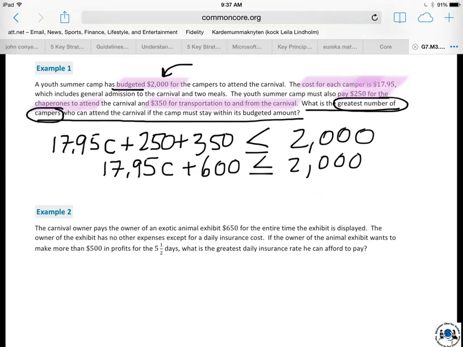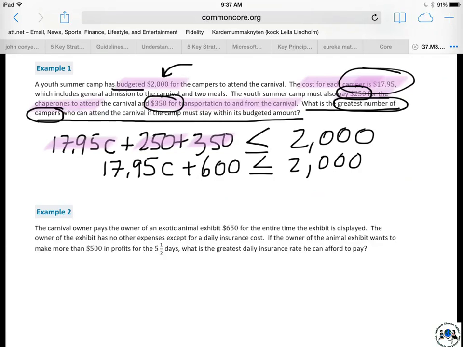Okay, so here is our inequality written out. 17.95C, of course, is the cost per camper. I added 250 and 350 because those were the costs of the chaperones and the transportation.